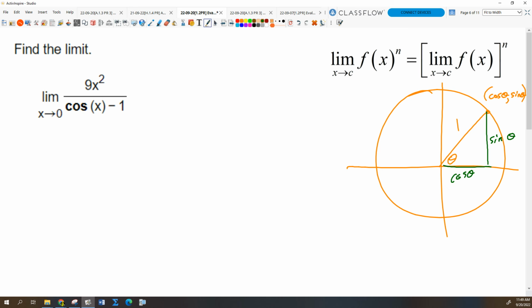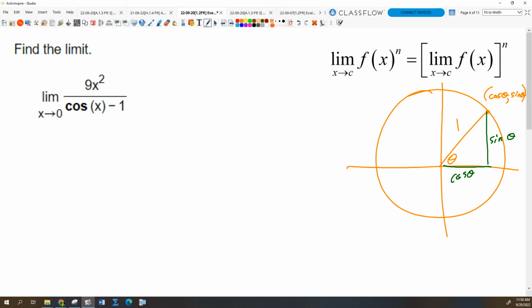So now you tell me, what's the Pythagorean trig identity? Well, it's a right triangle. What's the Pythagorean theorem? There you go. Leg squared plus leg squared equals hypotenuse squared, right? So we get sine squared theta plus cosine squared theta equals 1.